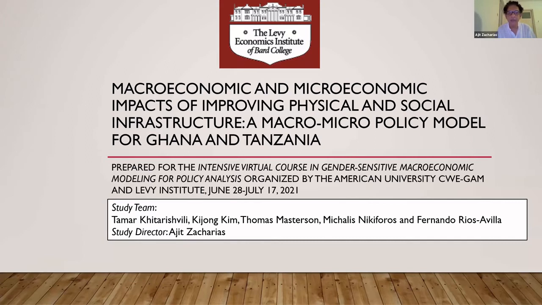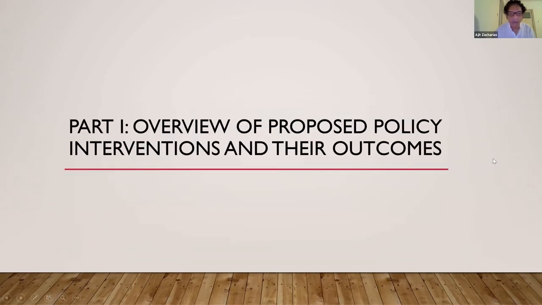The model that we are going to use to examine these effects is a microsimulation model. In today's session, we will focus on an overview of the proposed policy interventions and their outcomes.